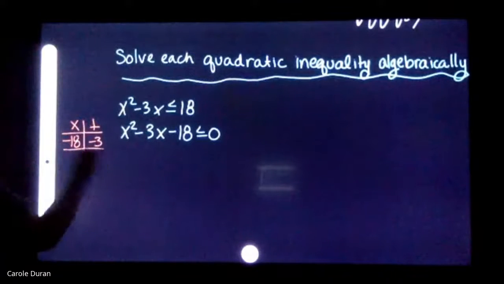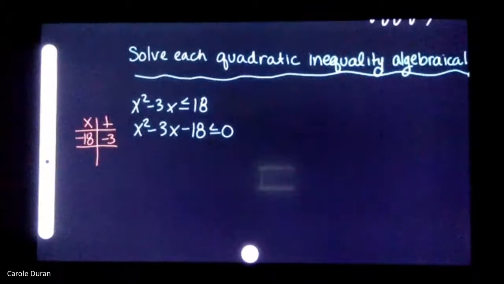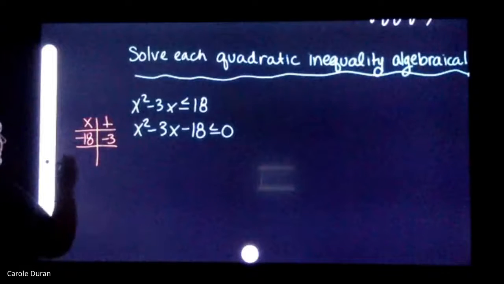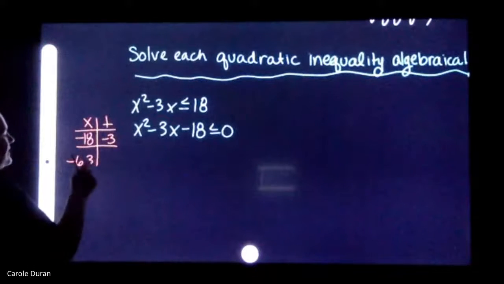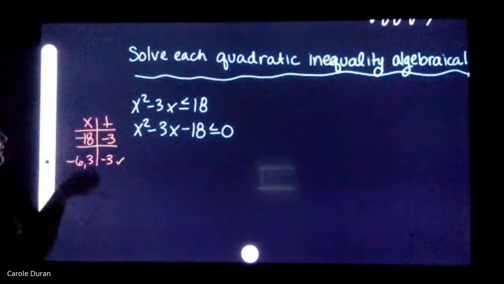What do we come up with? -6 and +3, right? -6 plus 3 is -3, so that works out. -6 times 3 is -18.